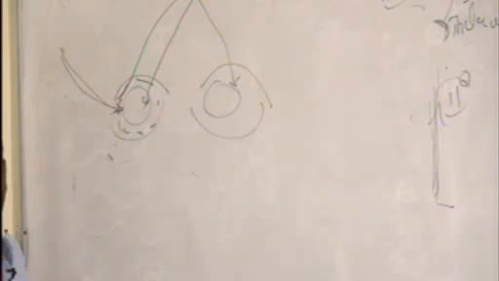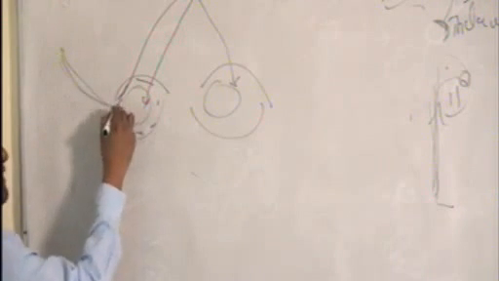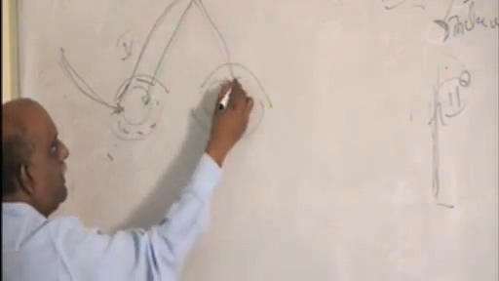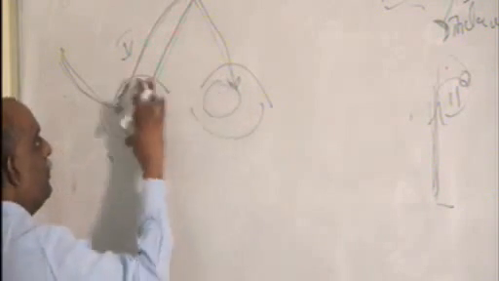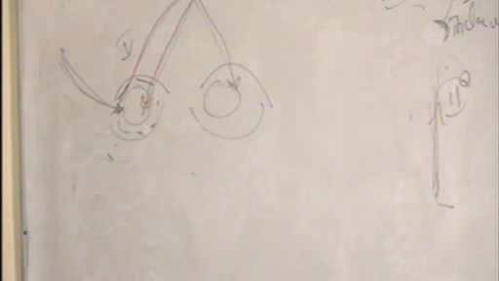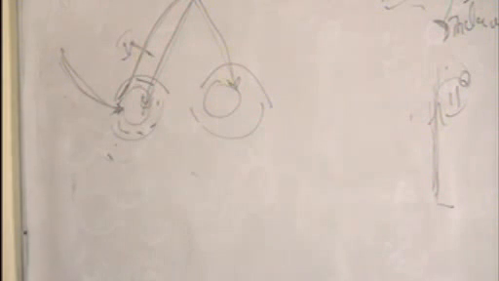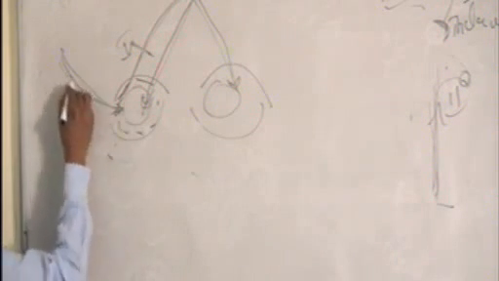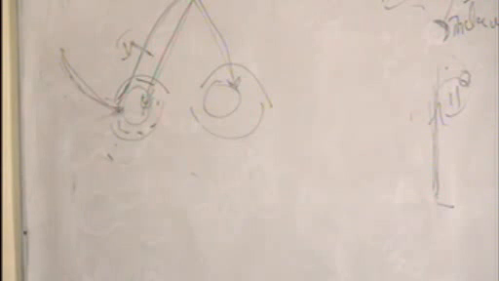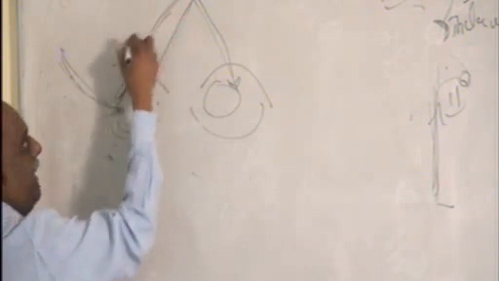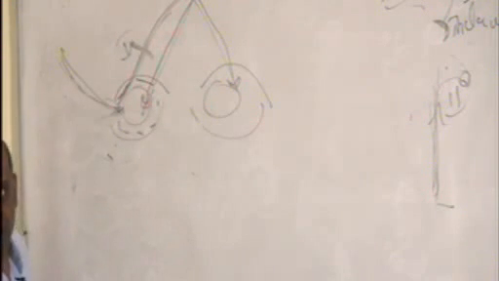If one eye is touched, the fifth cranial nerve will go and tell both the seventh nerves to close the eyelids. So if something happens to the fifth cranial nerve and you touch the eye, this afferent is blocked.